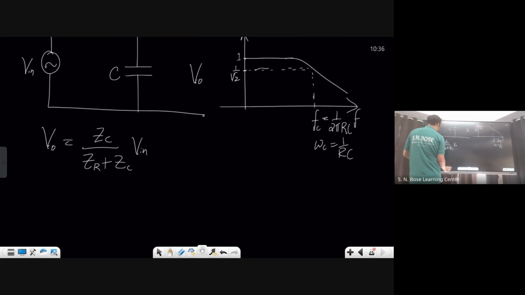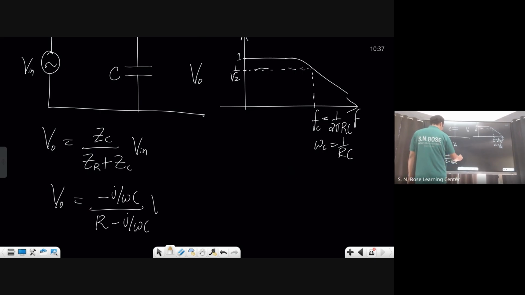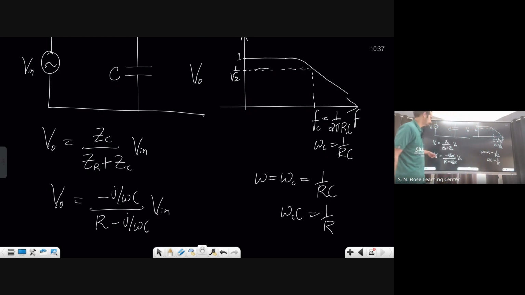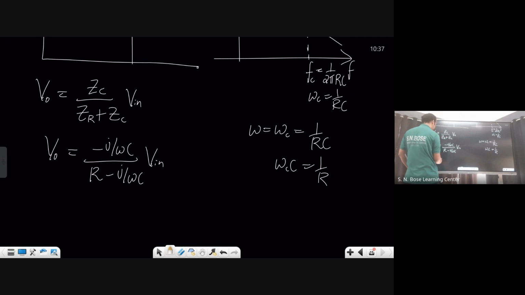Let's go with a very fundamental approach: minus j by omega C, over R minus j by omega C, times V in. So omega equal to omega c, that is 1 by RC. Omega c times C is nothing but 1 by R. So that's why minus j into R over R minus j into R.